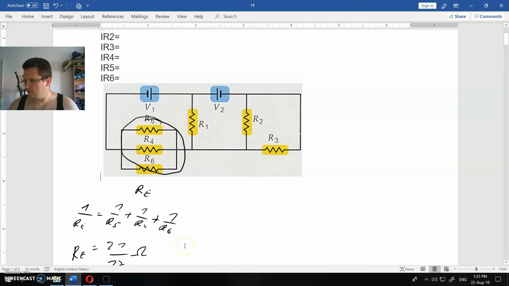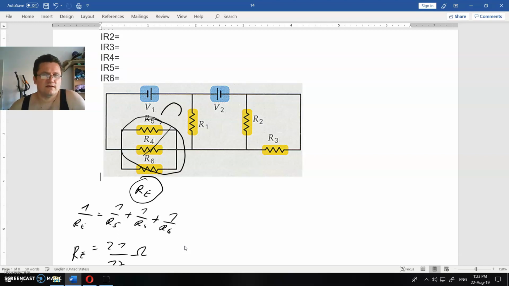First, for the time being, we will just treat all this as some equivalent resistance RE. We will assume that there is current E1 in this direction, clockwise, and current E2 in this direction, clockwise again, and current E3 again in the clockwise direction.